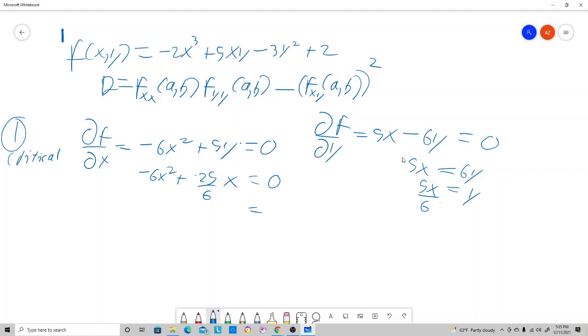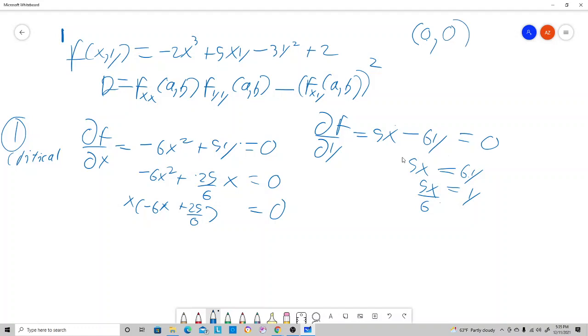Here we can factor out an x: x times negative 6x plus 25 over 6. So one of our critical points has x equal to 0, and if we plug 0 in, that means y is 0. So one of our critical points is (0, 0).